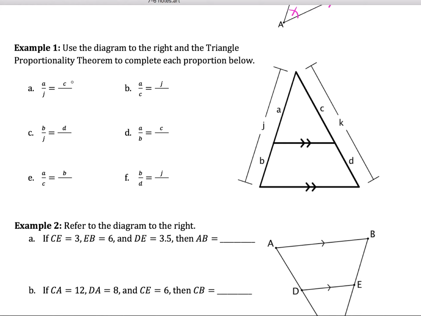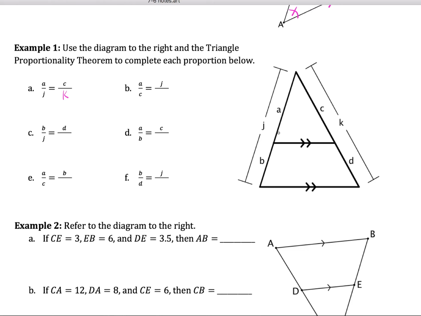The first one says A over J, so this segment's length over this entire segment's length, would equal C over, and we can probably see that would be K, C over K. And this would be two of the ratios that would come from this triangle being similar to this larger triangle right here.